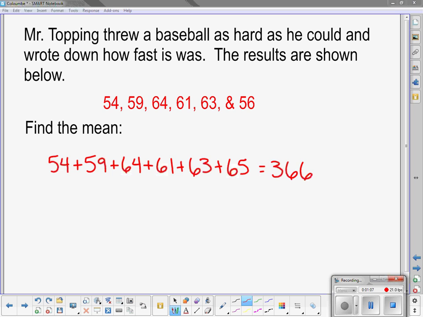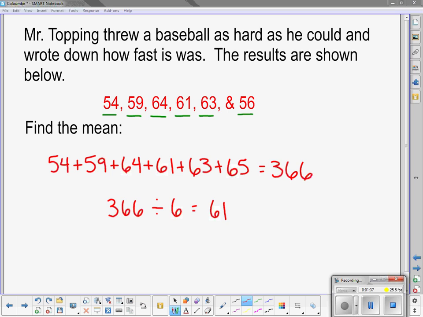The next thing that we have to do is take that sum of 366 and divide it by the total number of data items. Now to do this, we're going to count how many data items there were. 1, 2, 3, 4, 5, 6 data items. So that means we're going to do 366 divided by 6, which gives us a total of 61.